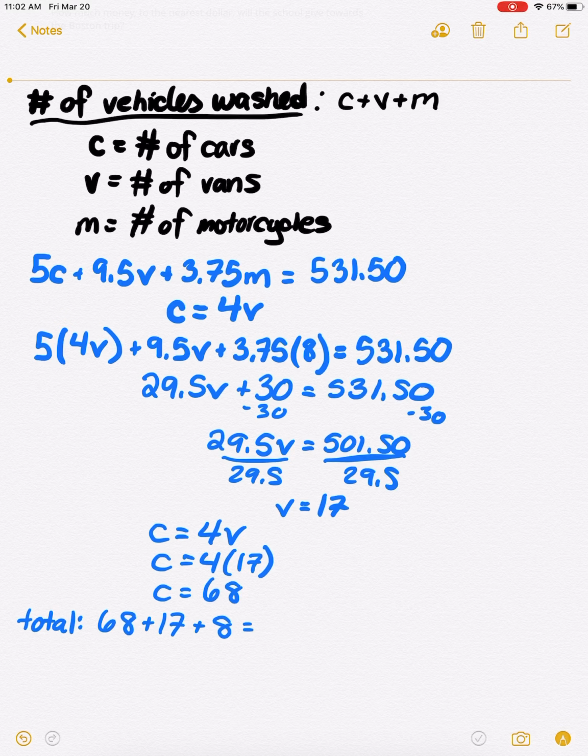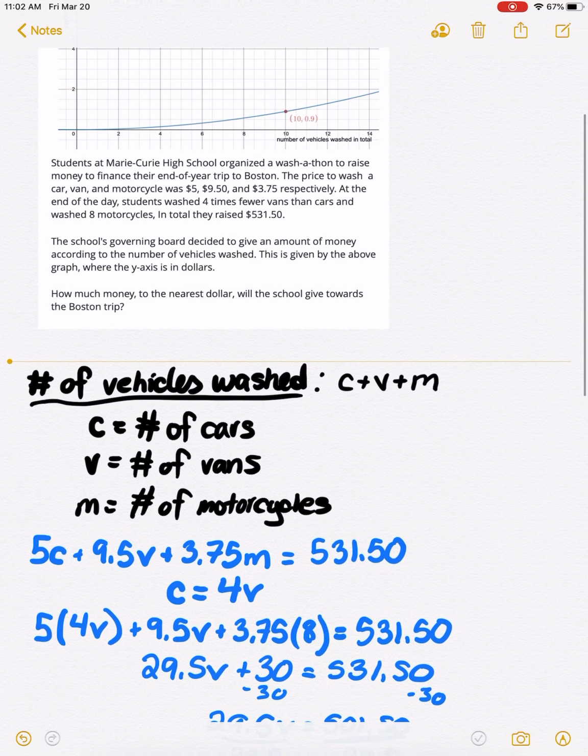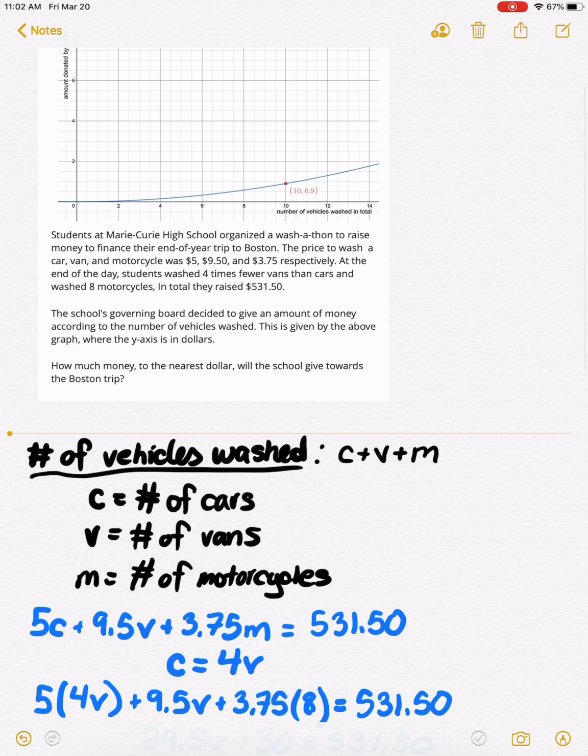So in total, this gives me 93 vehicles. Now I need to look at my graph, and my graph should tell me, if I've washed 93 vehicles, how much will the school donate?